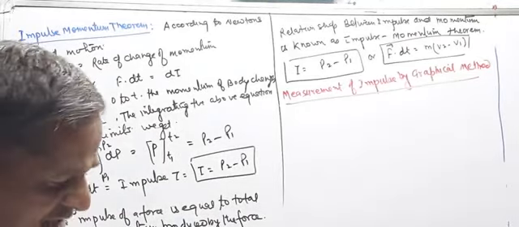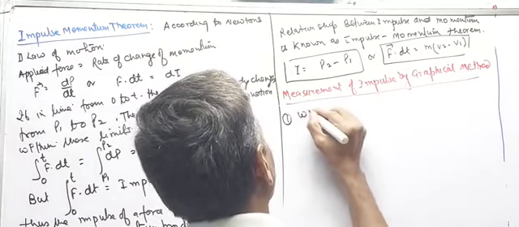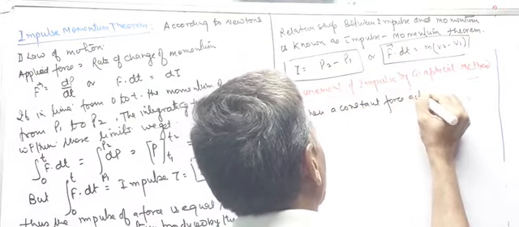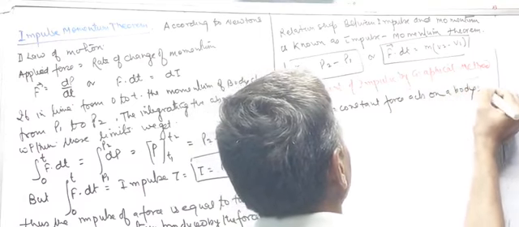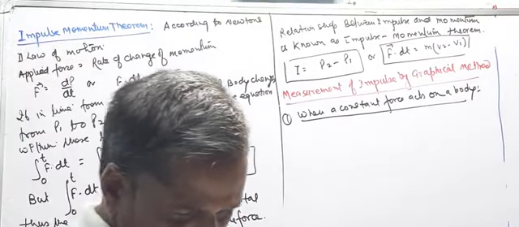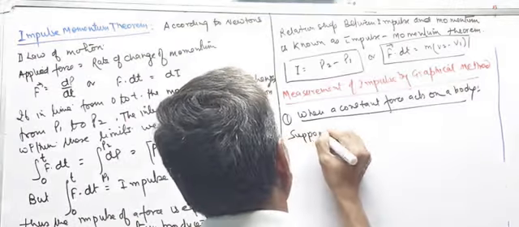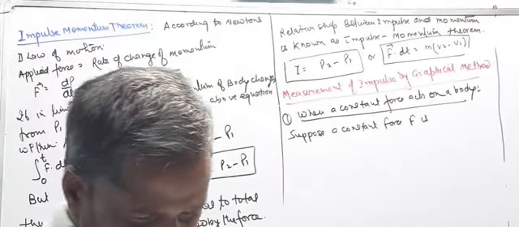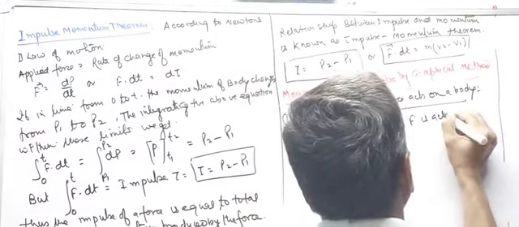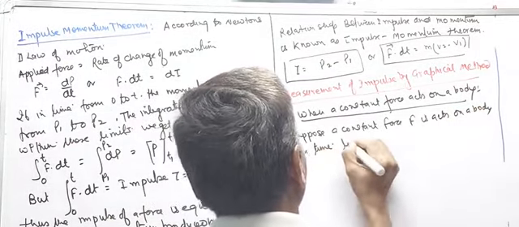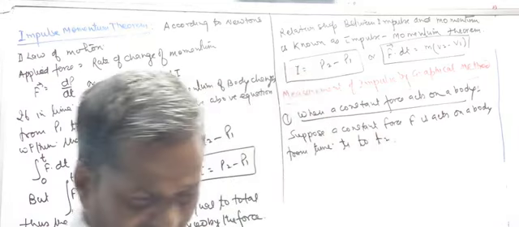When a constant force acts on a body, situation number 1. Suppose a constant force F acts on a body from time t1 to t2.